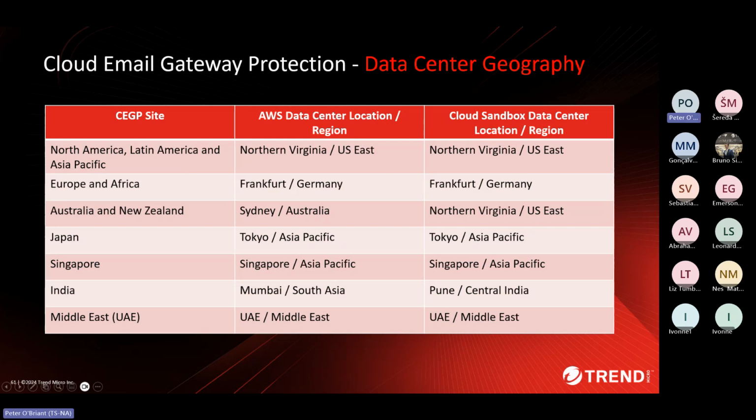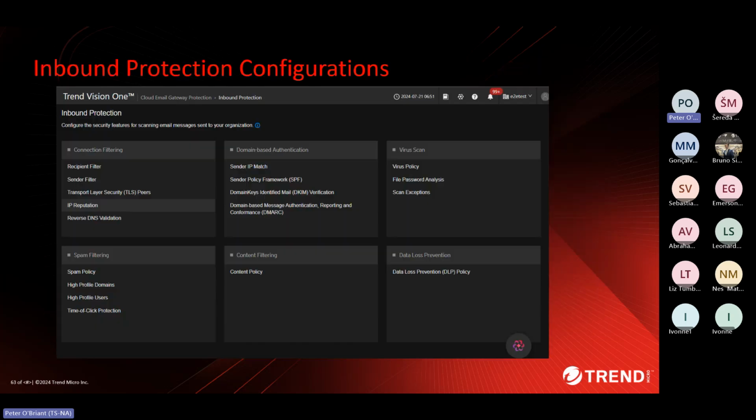And then for the protection, you can go in, like I said, and make different configurations. For inbound configuration, you can do it once again by IP reputation, spam filtering, content policy. There's the DLP policy that you can set up.